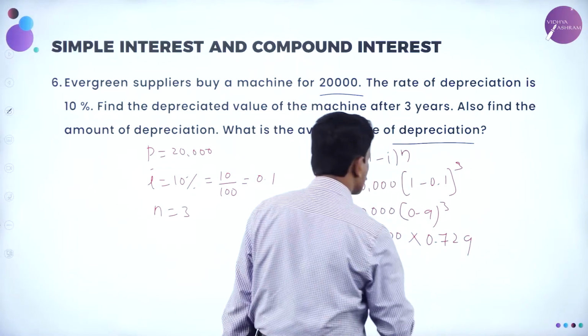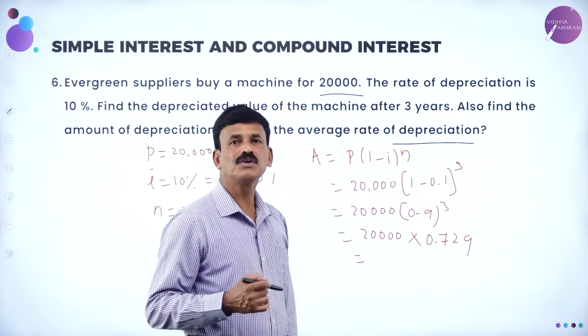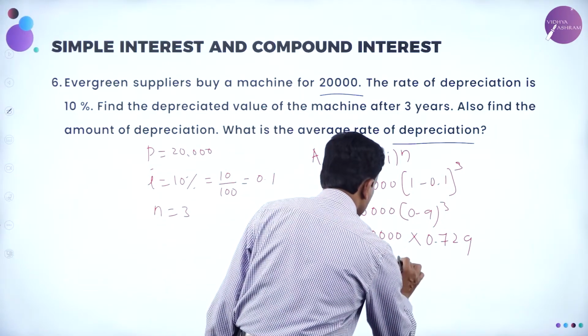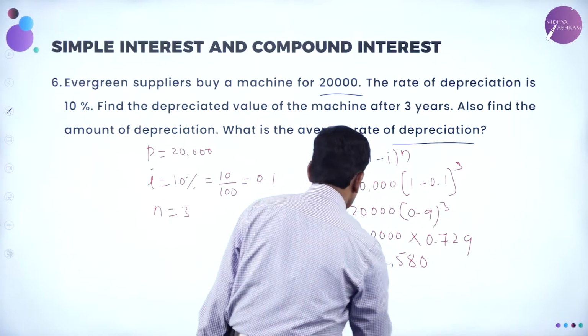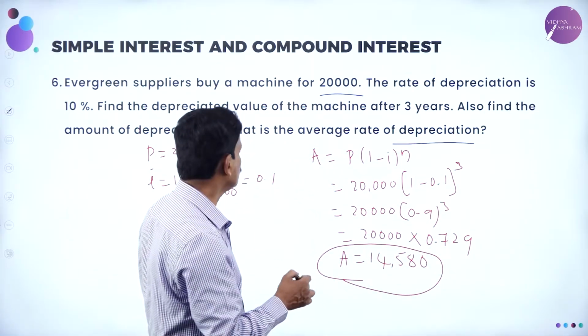Now multiply 20,000 into 0.729. What is the amount you are going to get? 14,580. So the amount is equal to 14,580.